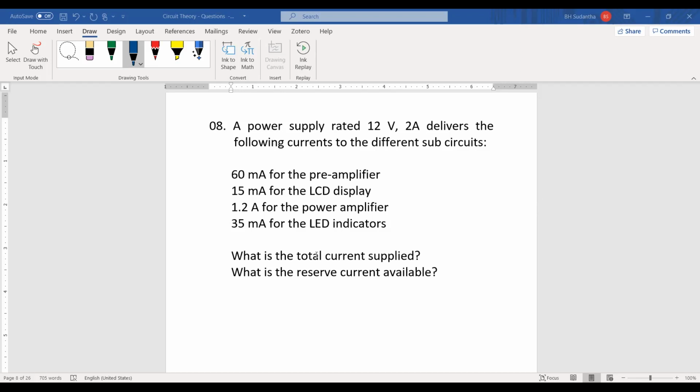This is your power supply, and we have four sub-circuits.